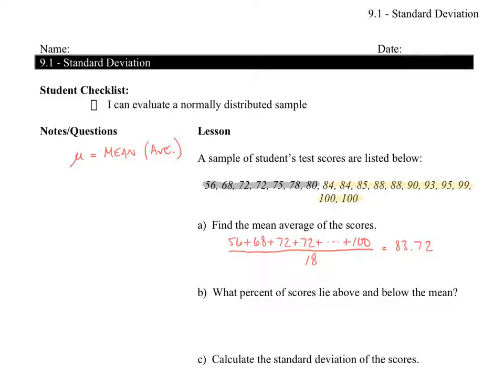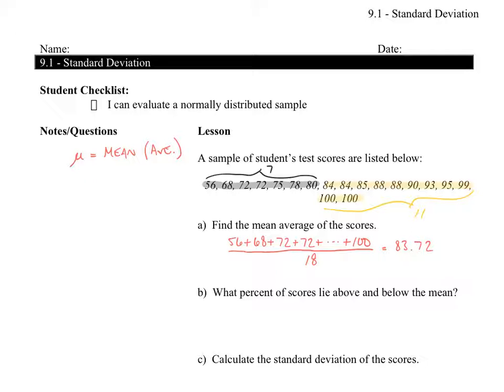So the question doesn't say how many, it says what percent. And I see here 7 numbers, and here I see 11 numbers. So to calculate that, I'm just going to turn those into percentages.